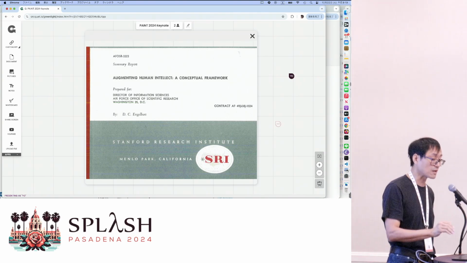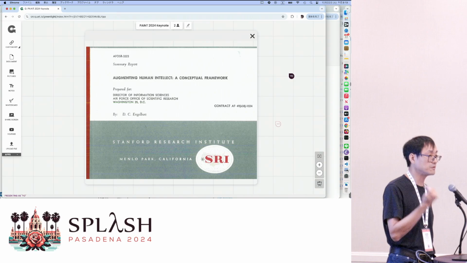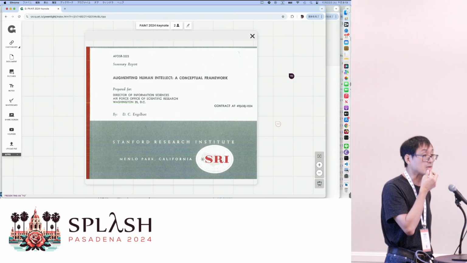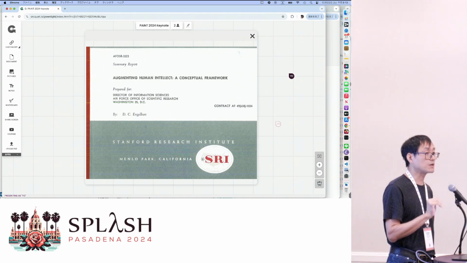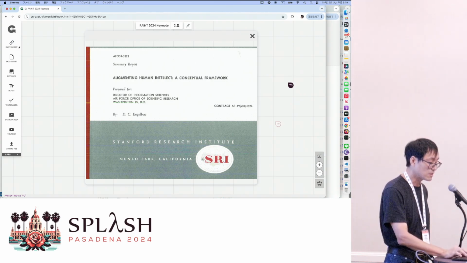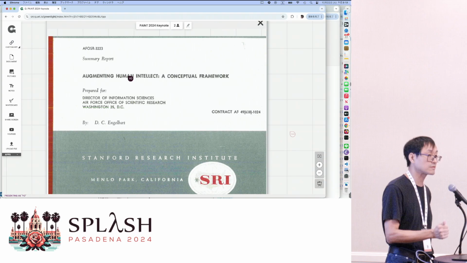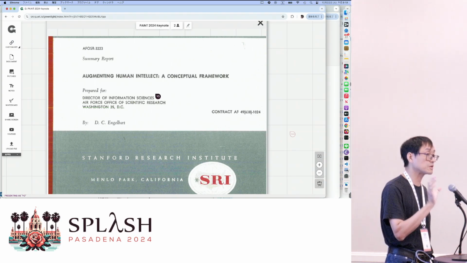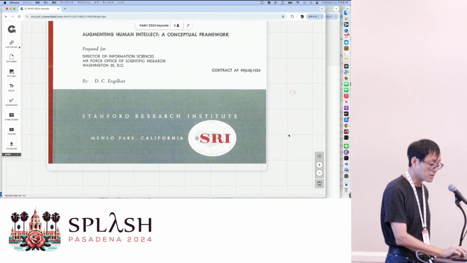Douglas Engelbart was very concerned with the future of humanity. He thought that better organization of people, helped by education and technology, would make a better system that would augment human intelligence. And that's the way to solve bigger problems that one person couldn't solve. So he wanted to augment human intelligence to solve bigger problems.